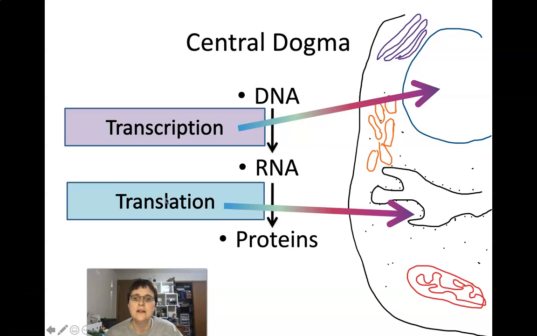Then translation is the step between RNA and proteins that happens at those little ribosomes, because we go from nucleic acid, the mRNA, to proteins using those tRNA. So that is the overview on how these genes are read.